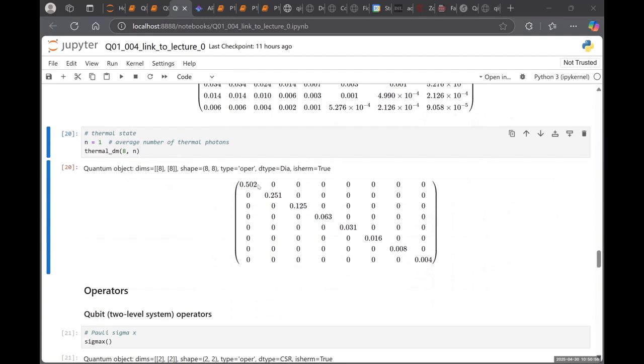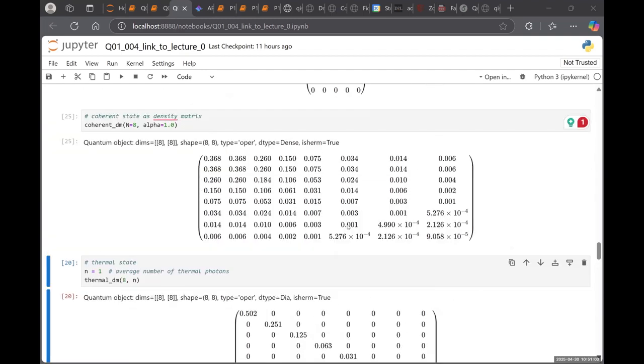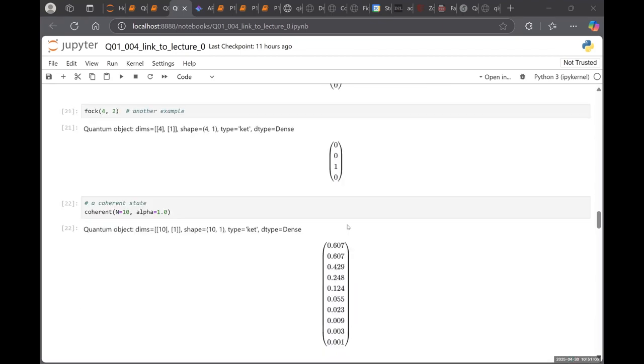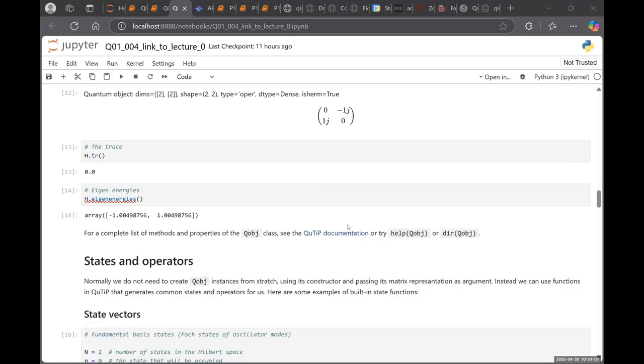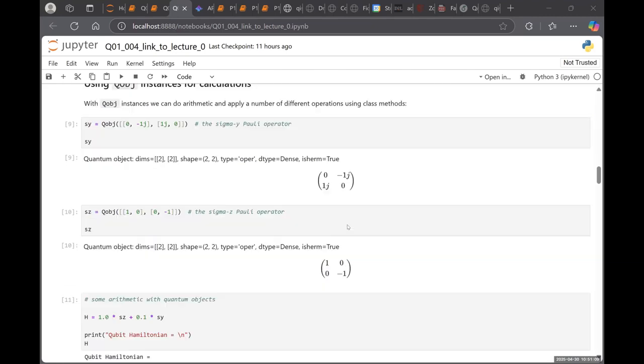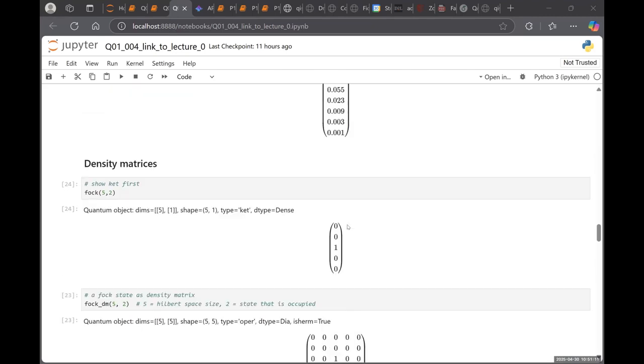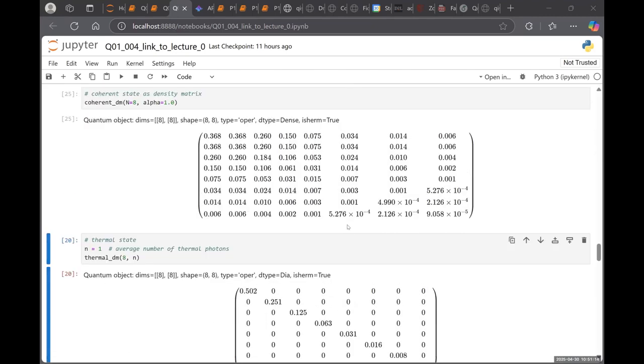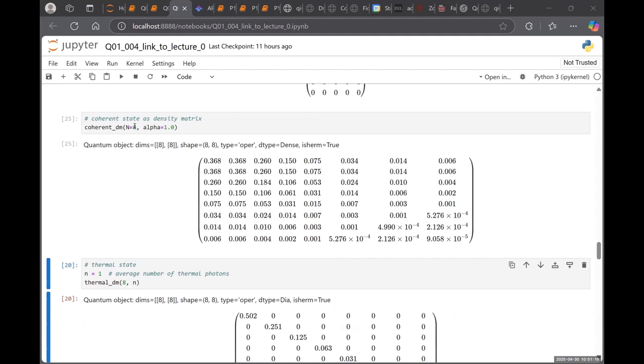Yeah, for the coherent state, the weight is getting smaller and smaller, as you see here. It's 1 over square root of n factorial and alpha raised to n. And it's truncated up to particle number 7.